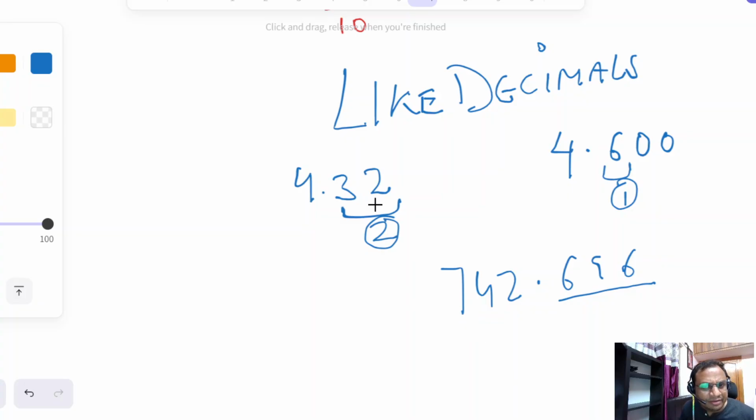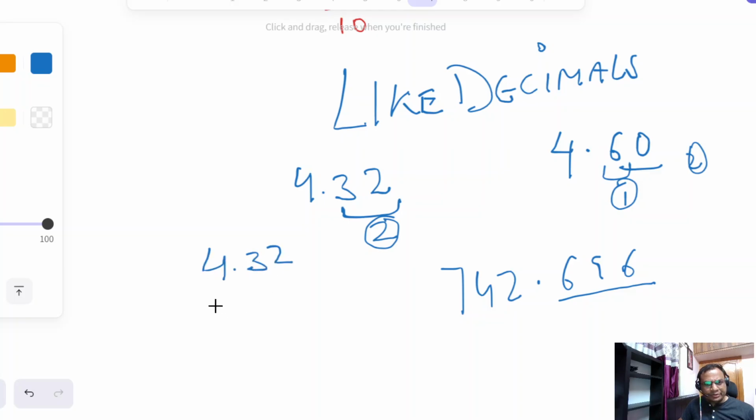So where were we? Yeah, we have to add them, right? We just discussed that only the like decimals can be added. So 4.6, we add just 0 to the right, and that becomes 4.60, and this is 4.32. Now both of them have two decimal places. We can easily add them up.